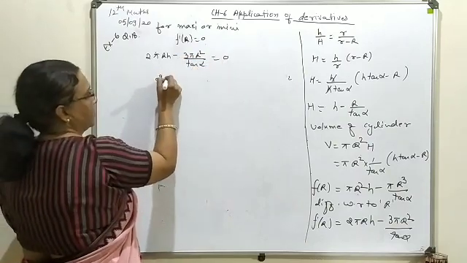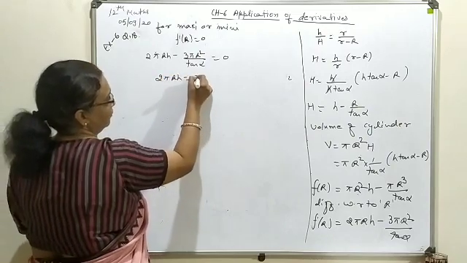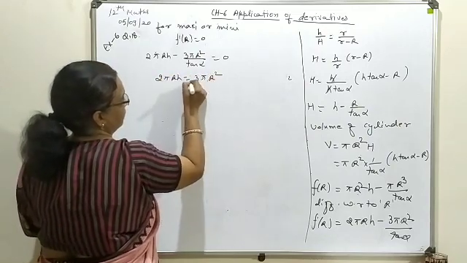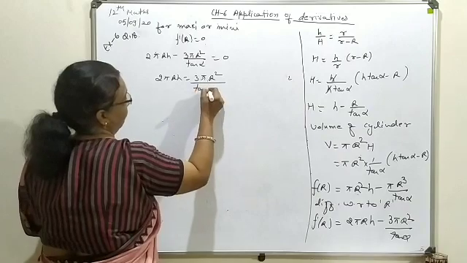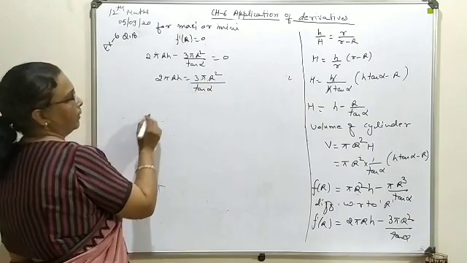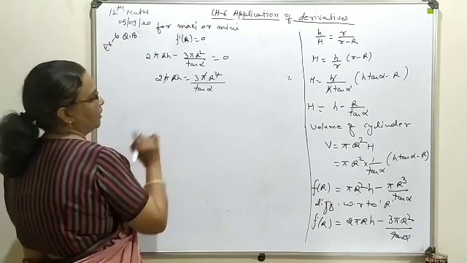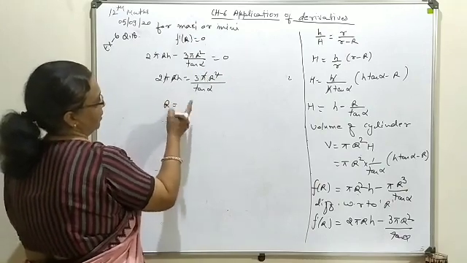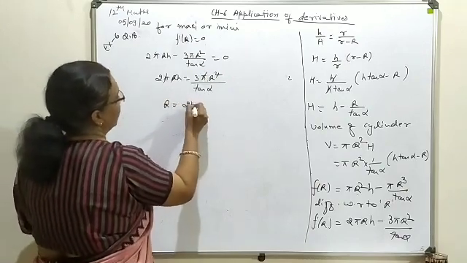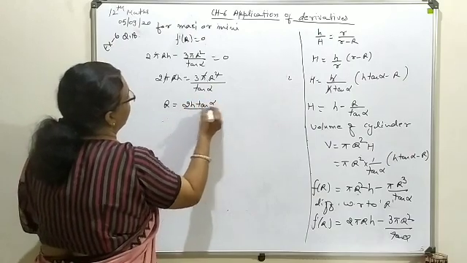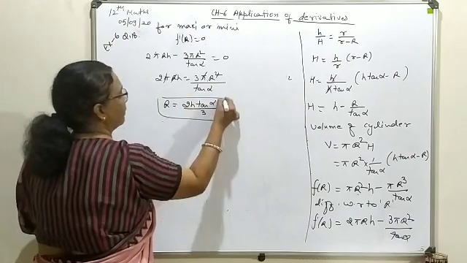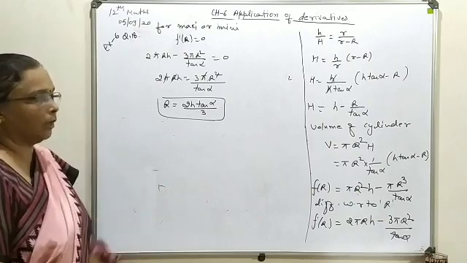Go for comparison. From here, one r cancels, pi also cancels, so r will be separated out as 2H tan of alpha upon 3. So for this r everything will work out.